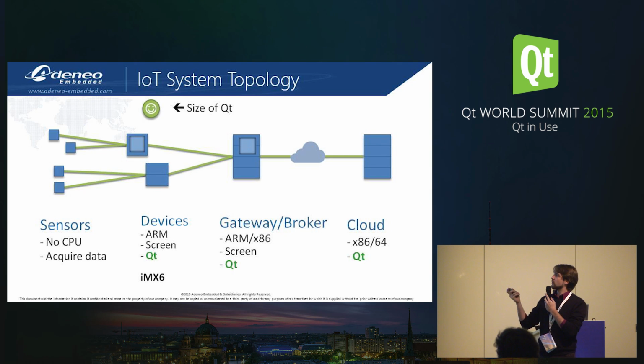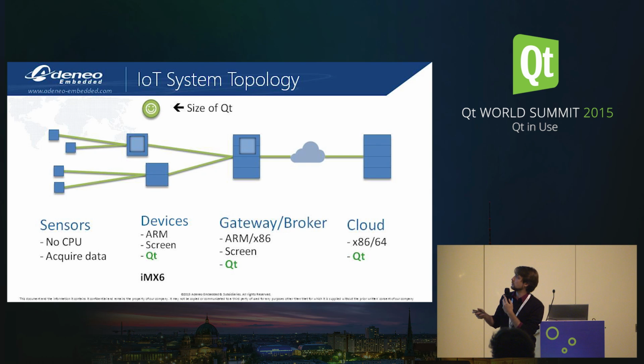Then you have devices like our alarm clock, usually ARM architecture CPUs, which may or may not have screens. You can use Qt here. Then the broker gateway, we'll come back to that later, and finally the cloud applications. So as you can see, Qt can fit in those boxes, but not here. That's quite logical: you cannot put Qt on the sensors. Of course, there is no CPU, so they are too low-end platforms to run that.